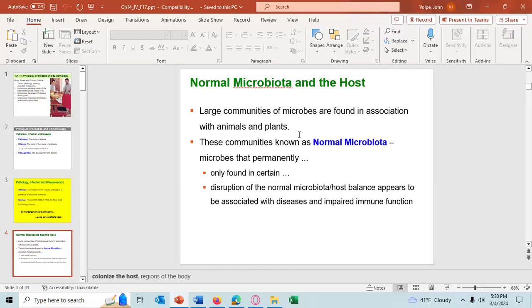And that frequently will give the patient diarrhea or constipation, which is a symptom that the normal microbiota host balance is no longer in balance, it's out of balance. Fortunately, it usually reestablishes a balance, and then the diarrhea or the constipation go away after a day or so. Any question about any of that?